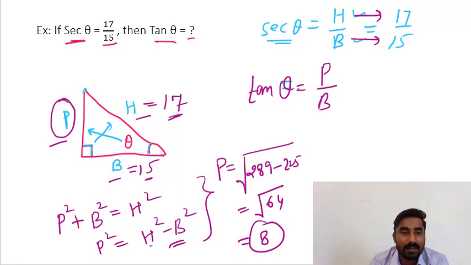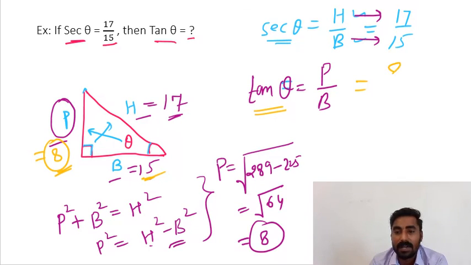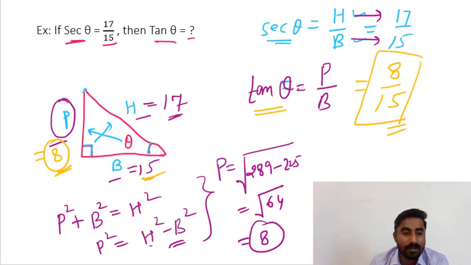So we can easily get the perpendicular: it is 8. Now we can easily find tan theta, because we know all three sides of this right angle triangle. Tan theta equals perpendicular upon base, so perpendicular is 8 and base is 15. So tan theta equals 8 by 15.